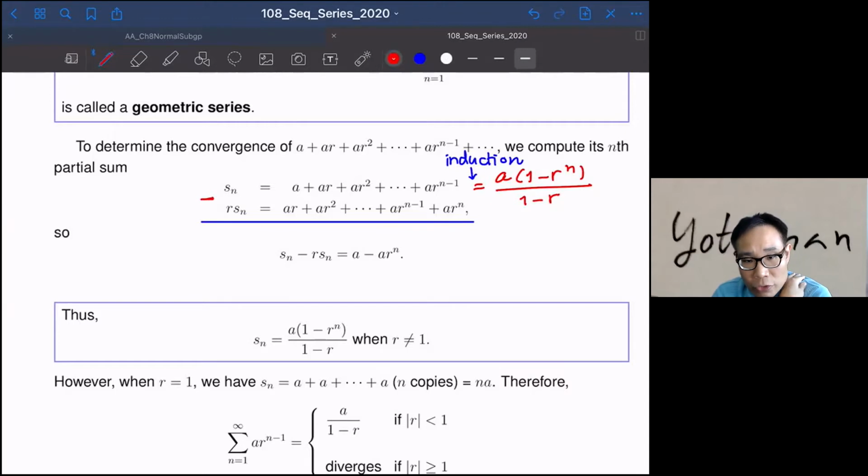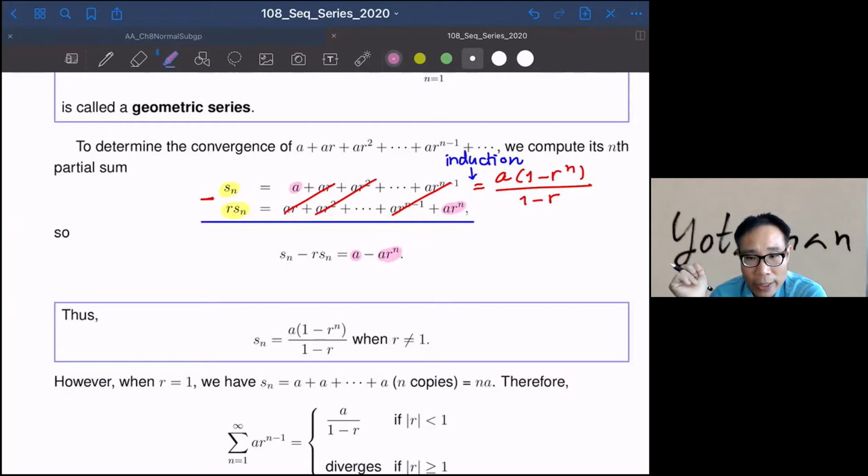So on the left side, you get Sn minus R times Sn, and on the right side you see that the middle terms get canceled. You get only A and AR to the n that survive, which is the right side.